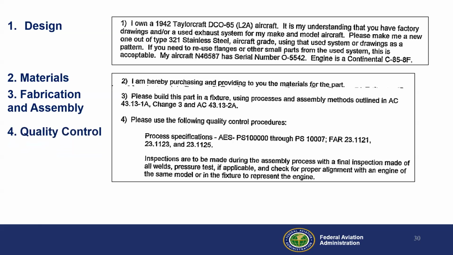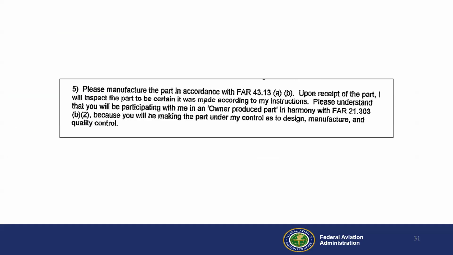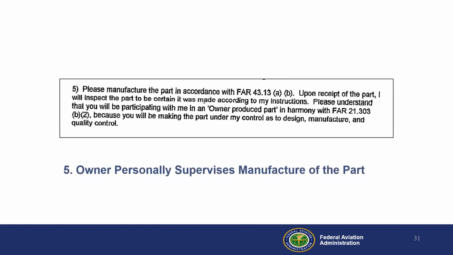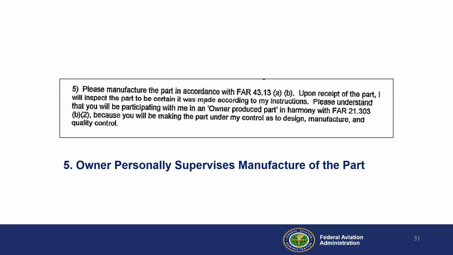Told him the process specifications. And the fifth thing that he did was he personally supervised the manufacture of the part. And he said that upon receipt, he'll inspect the part, make sure it was made in accordance with his instructions. He even told them to understand they are building an owner-produced part in accordance with 21.303. So I thought that was a pretty good example of how to do it and do it correctly.